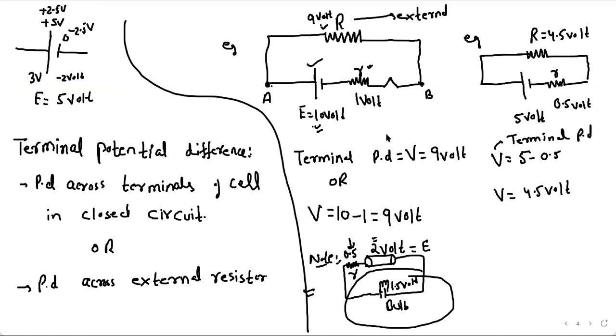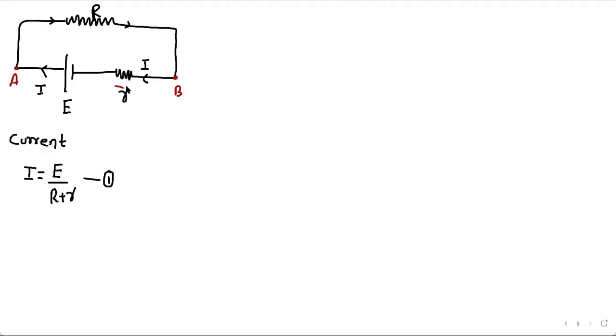One method is directly through the potential difference across the external resistor. Second is the EMF minus the potential difference across the internal resistance. So I'm using both the definitions. Terminal potential difference is equal to the potential difference across external resistance R.